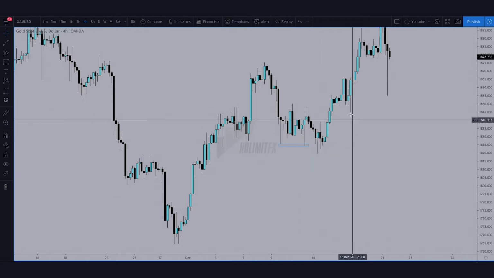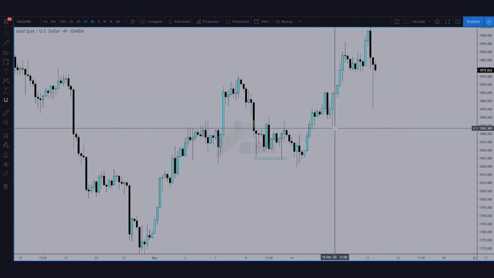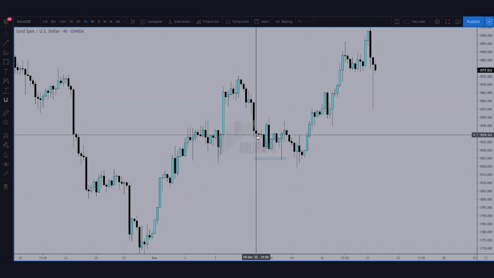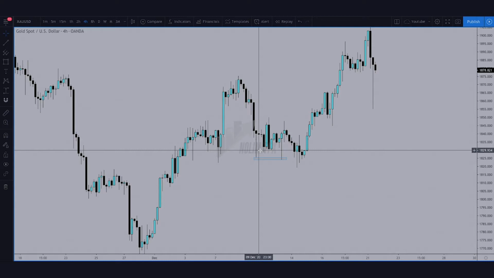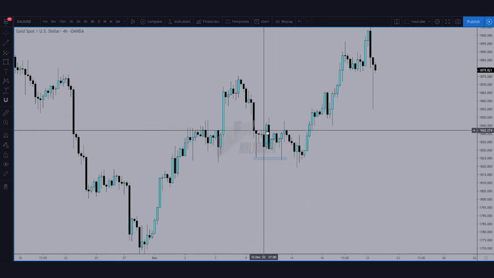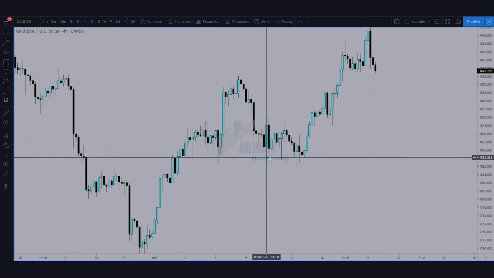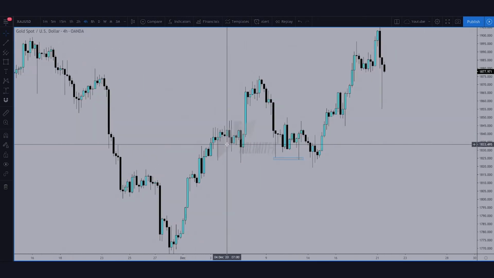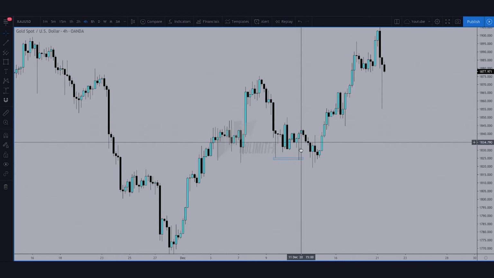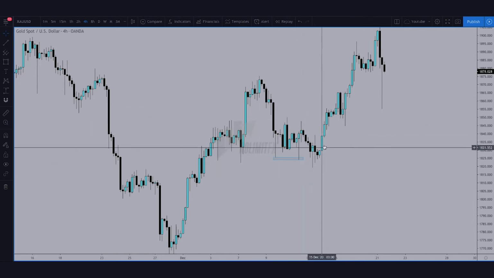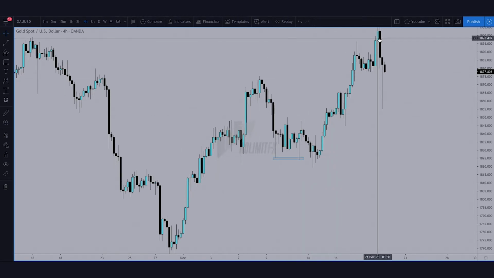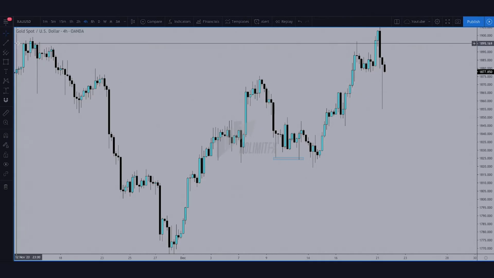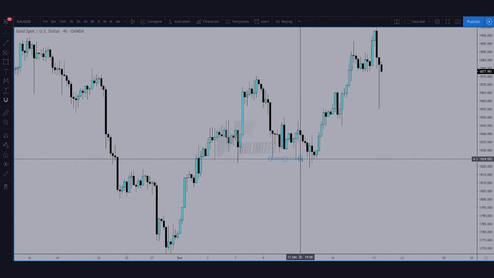You're gonna learn now what you're gonna do if you see that this same pattern occurs on your chart, because you will see many times that price is gonna take out these lows before we continue to the upside, right? So let's see how that looks on the lower chart.